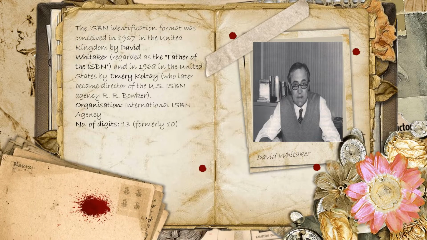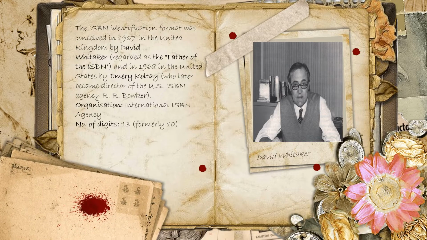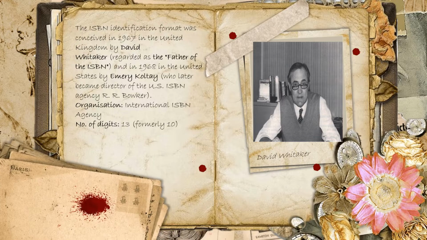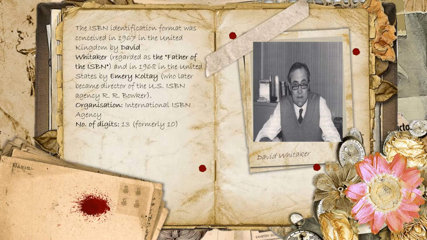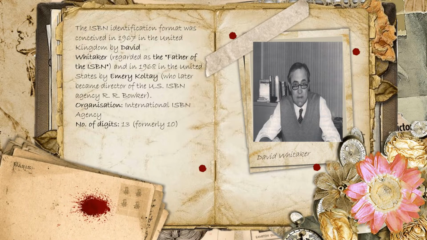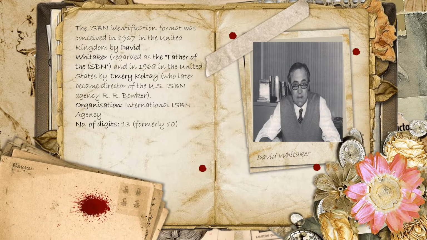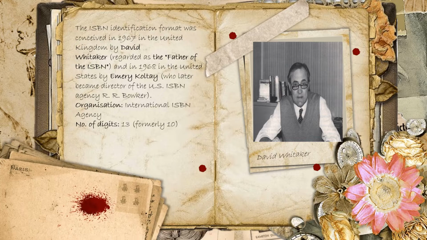The ISBN identification format was conceived in 1967 in the United Kingdom by David Whittaker. So this is David Whittaker, regarded as the father of the ISBN.